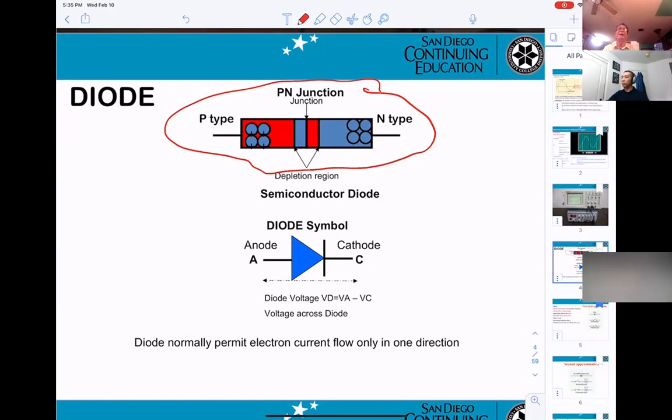That's what they call a P-type or N-type. P-type contains positive, N-type contains electron. So electron will be moving, then the current will be flowing.